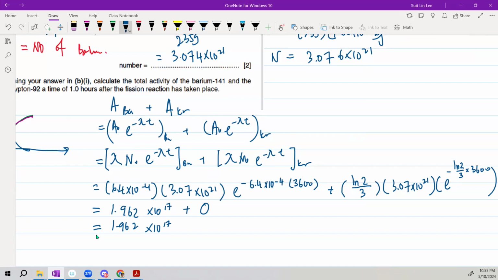If not, I would just justify here that the A for krypton will be approximately 0, if not equal, since its half-life is 3 seconds and the activity is 1 hour later. 18 minutes is very different because 18 minutes is about 1/3 of an hour.